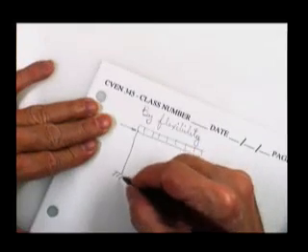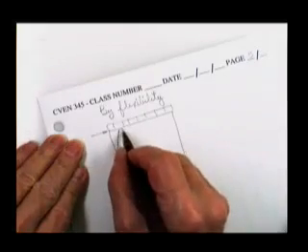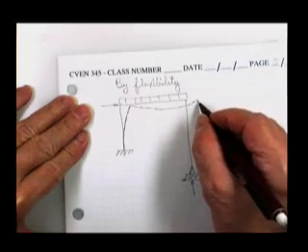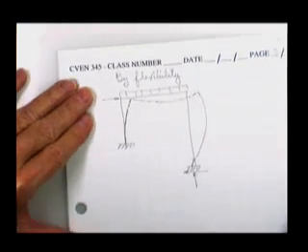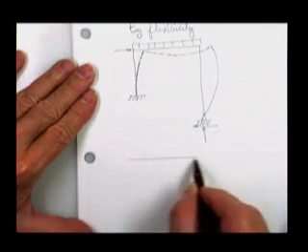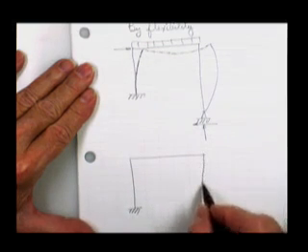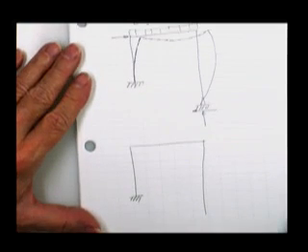You would sketch for me the deflected shape. Then you would come down and redraw the structure, the released structure, the primary structure, the structure that you can now analyze.